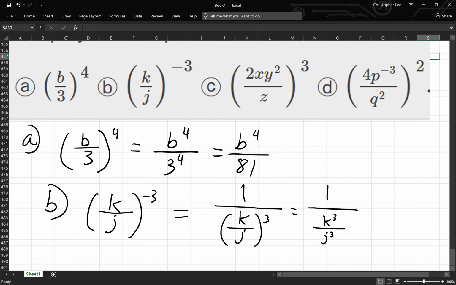Help me out: keep, change, flip. So what does that become? 1 times J to the 3rd over K to the 3rd. So what's my final answer? J to the 3rd over K to the 3rd. Remember that: keep, change, flip. All that good stuff.